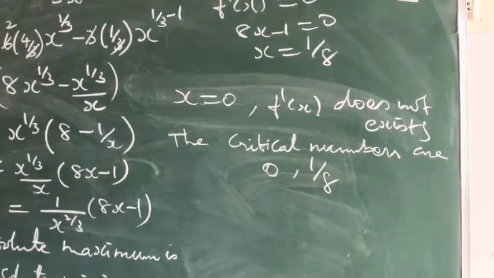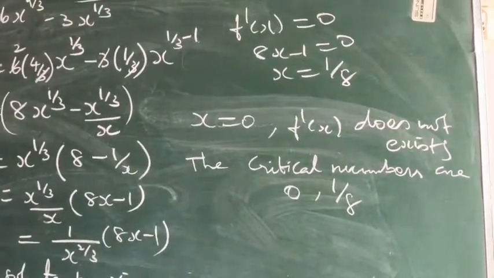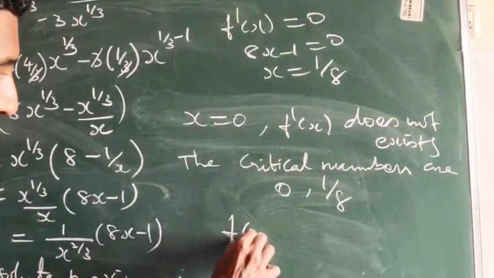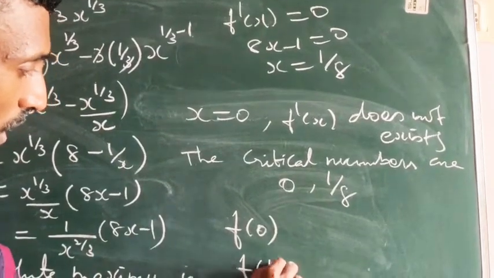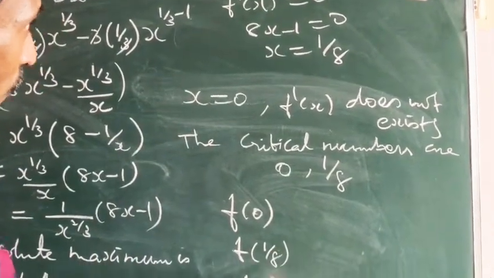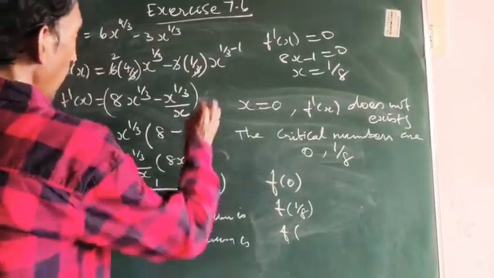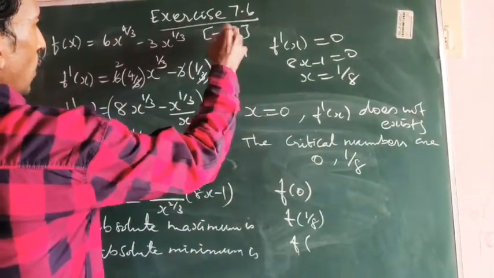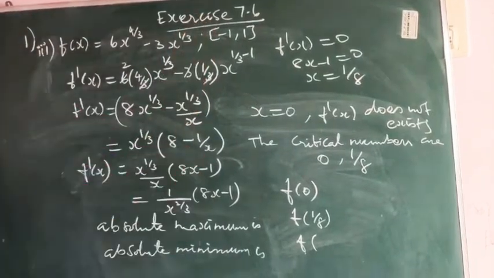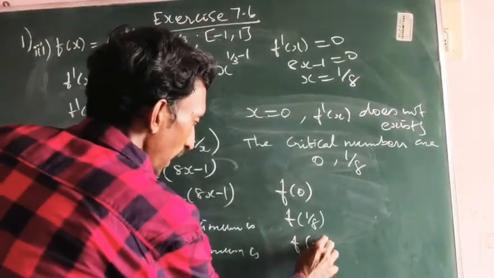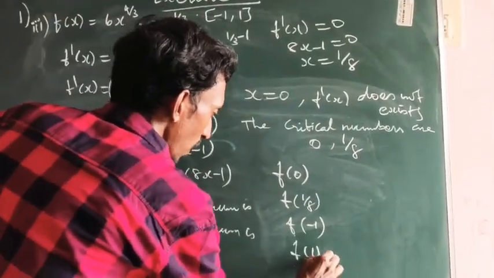We got two critical numbers. Now find the corresponding f: f of 0, f of 1 by 8. The interval is given as the closed interval minus 1 comma 1, so find f of minus 1 and f of plus 1.